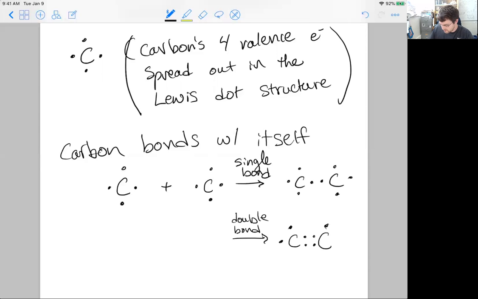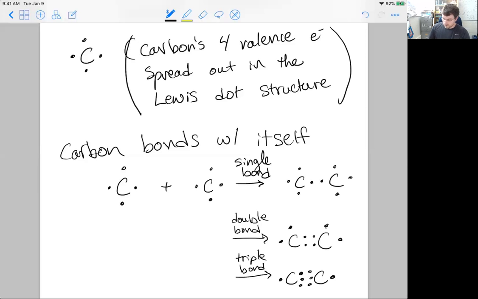We still have 2 electrons left over that are not participating in bonding, and we can go up to 3 bonds. And this then becomes a triple bond. So the electrons are spread between the 2 elements to give rise to a triple bond.